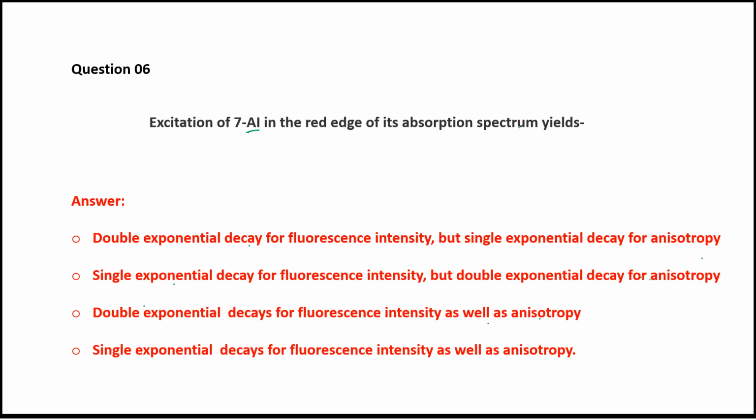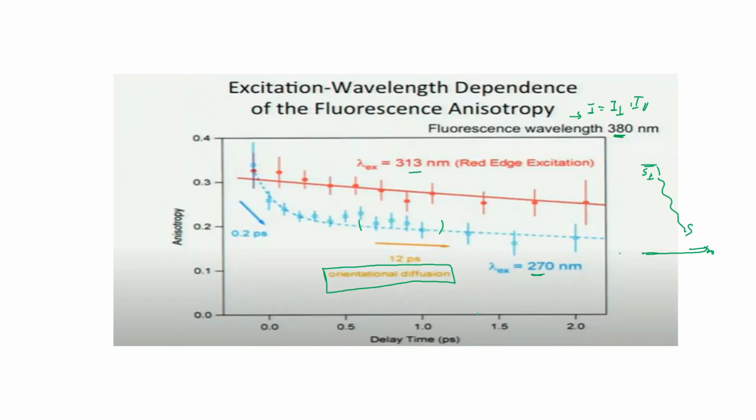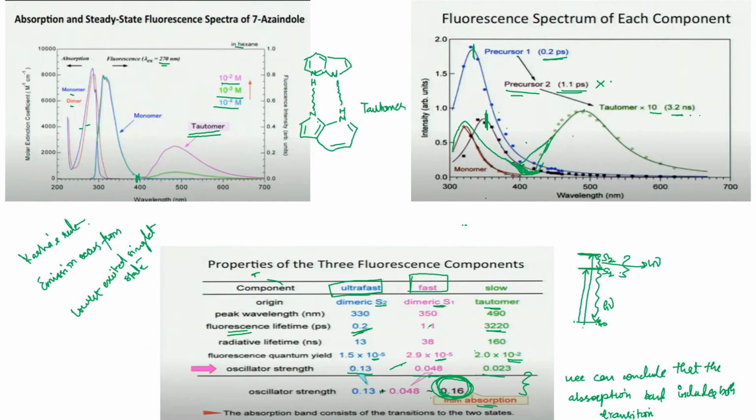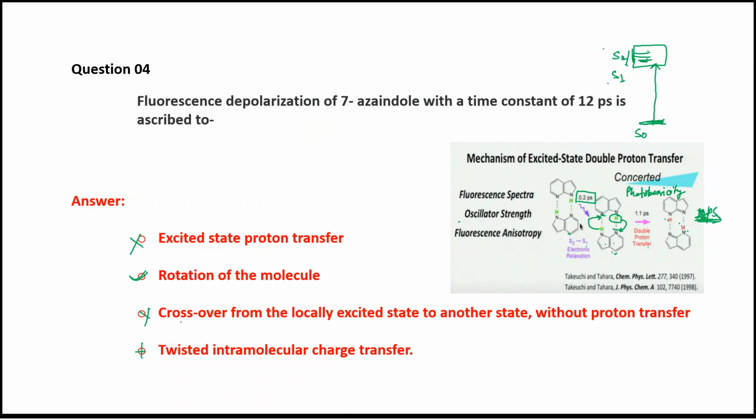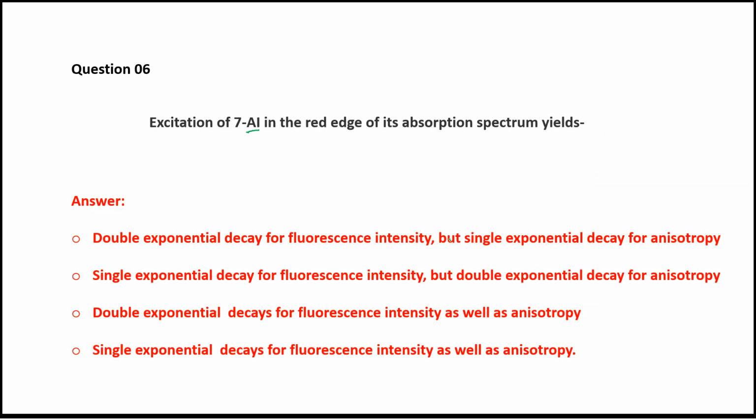So here, this is for the consideration of fluorescence anisotropy, and you will notice that this is a single exponential decay, not a double exponential decay. Similarly, the decay for both cases is considered to be single exponential, and not double exponential, for fluorescence as well as anisotropy.